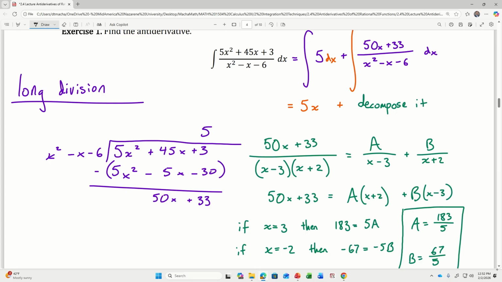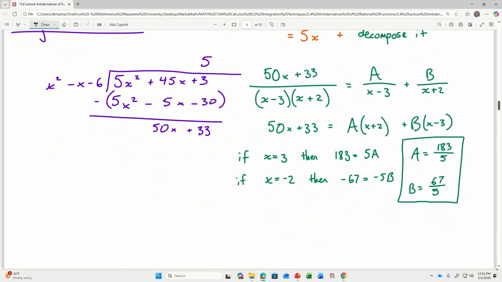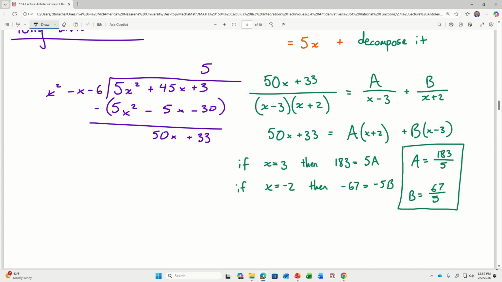So remember, we already found part of my solution. For this antiderivative, we said let's decompose it first. And now that we've decomposed it, it should be easier to take that antiderivative. And so all in all, my answer to this question is going to be 5x plus whatever I get from the antiderivative of 183 fifths over x minus 3 plus 67 fifths over x plus 2.